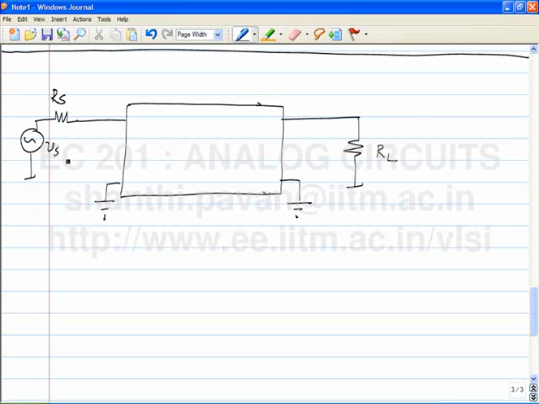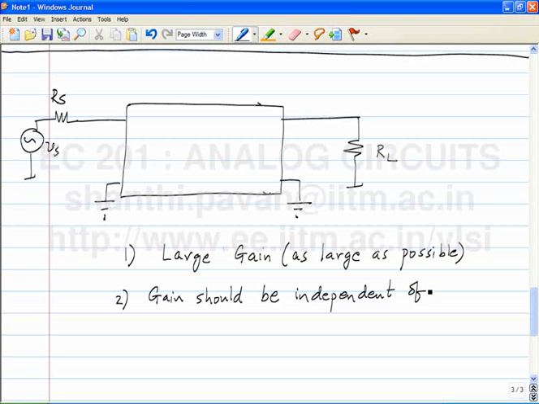So ideally you would like an amplifier with, one, a large gain, two, the gain should be independent of what? Rs.